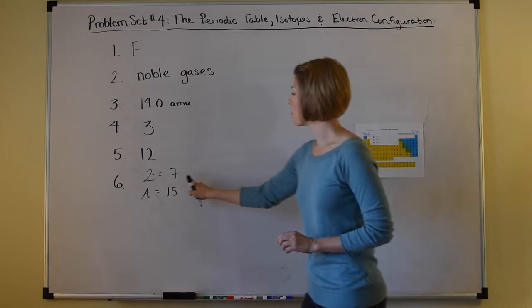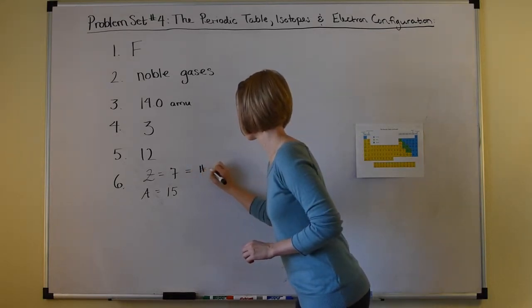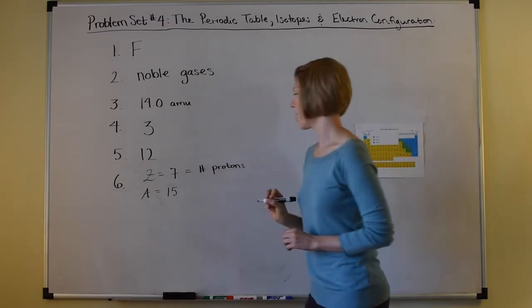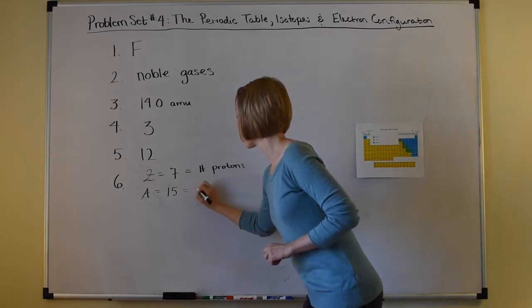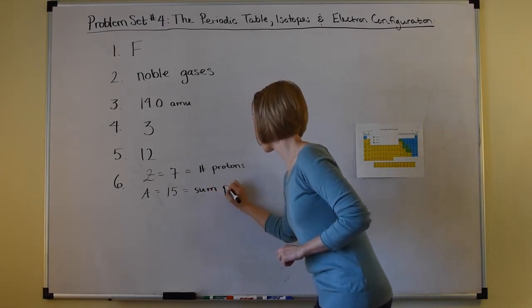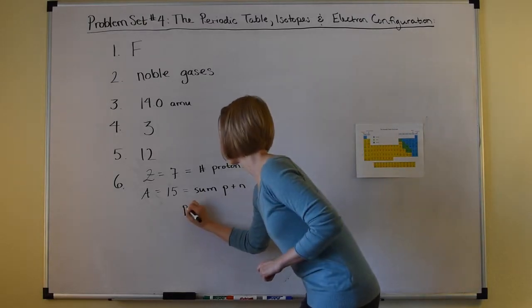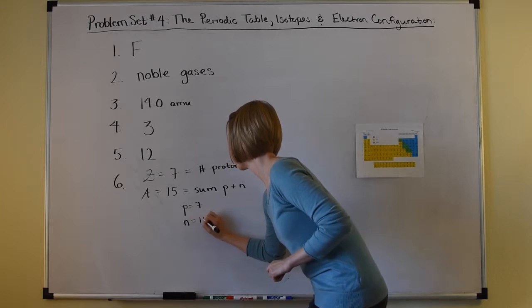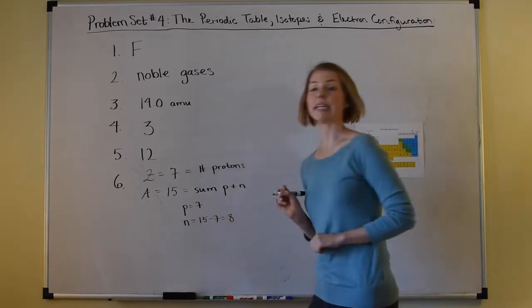It must have 7 protons. Remember that the mass number is the sum of the protons and the neutrons. So the number of protons equals 7. The number of neutrons equals 15 minus 7, or 8.